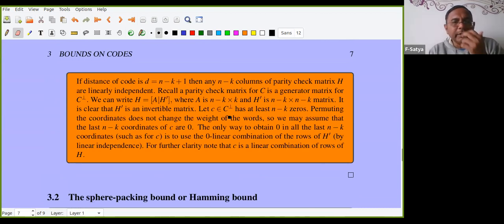For example, if the distance of the code is d equal to n minus k plus 1, that means it is an MDS code. Then n minus k columns of the parity check matrix are linearly independent, right? You understand this? We did it today.